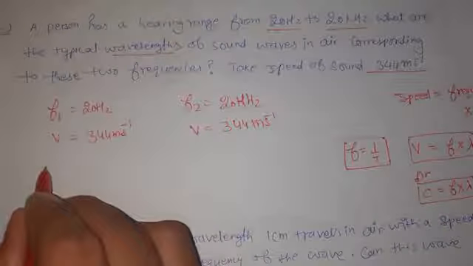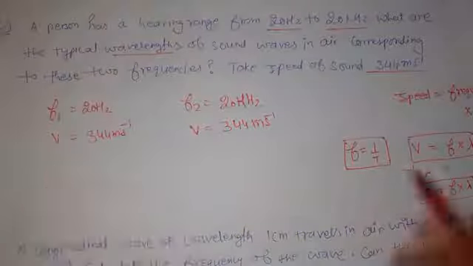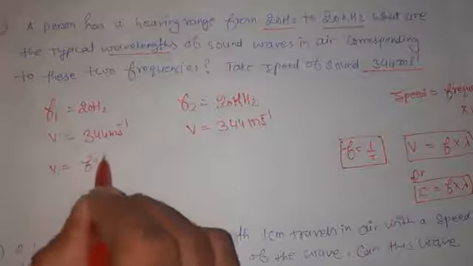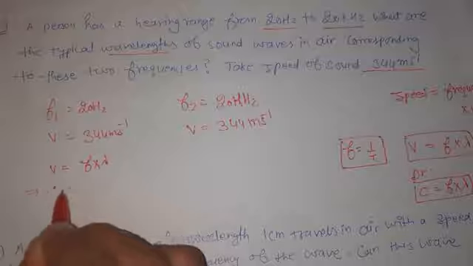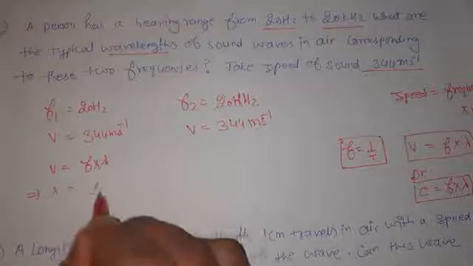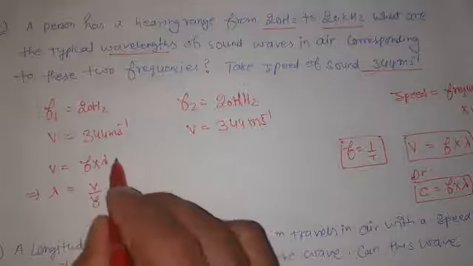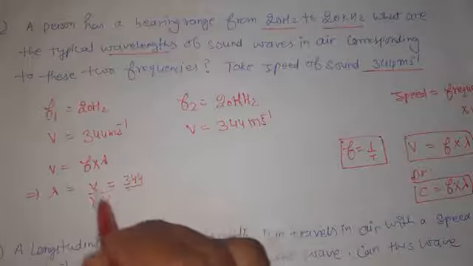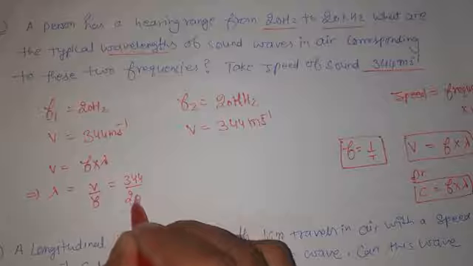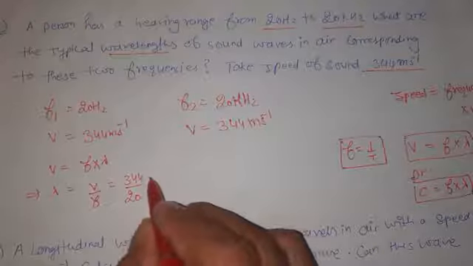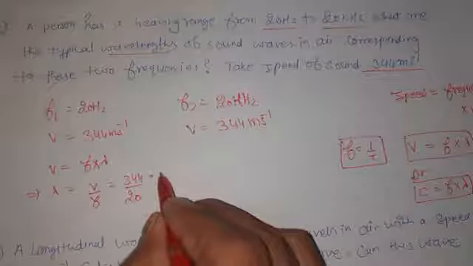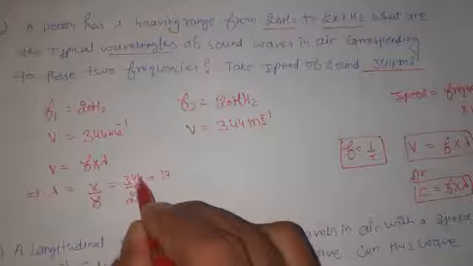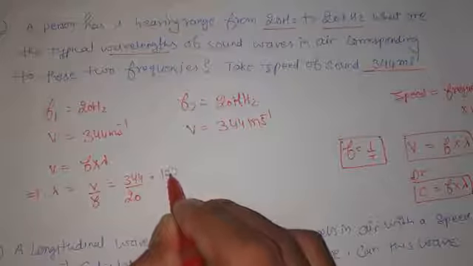Therefore, what will be the wavelength? From here, v is equal to frequency into wavelength, which implies lambda is equal to v by frequency, so 344 upon 20.